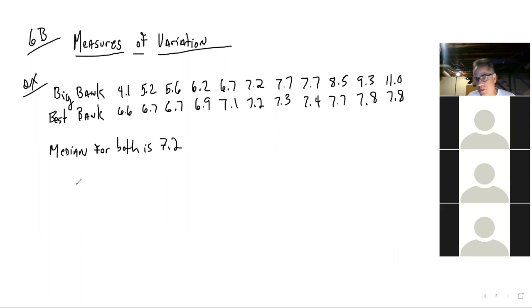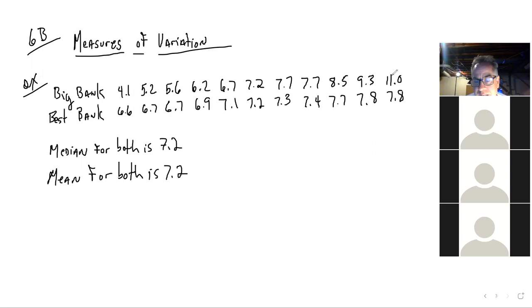Well, and this problem was kind of cooked up a little bit on purpose, these numbers. If I would calculate the mean, in this case, the mean for both is 7.2 minutes, meaning if I add up all the data values and divide by 11 in each case, I'm going to get 7.2 minutes.